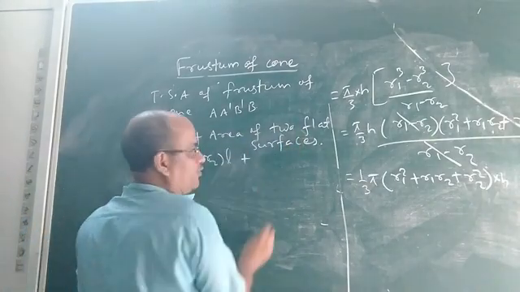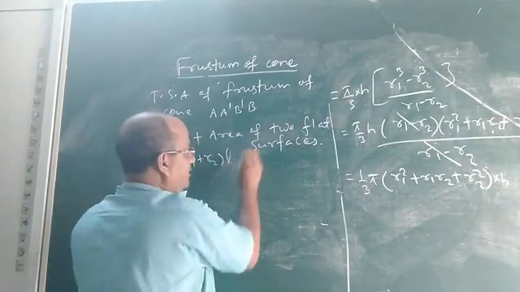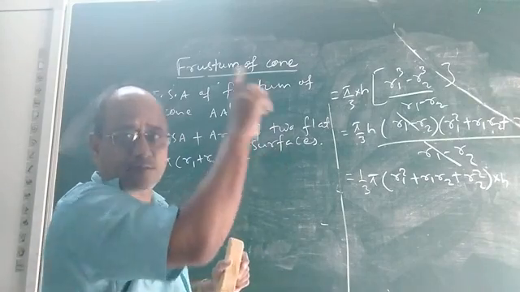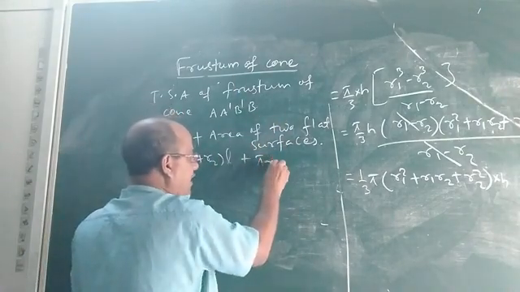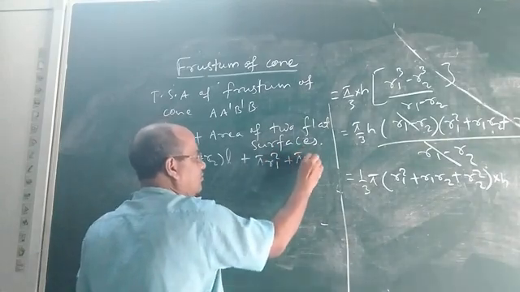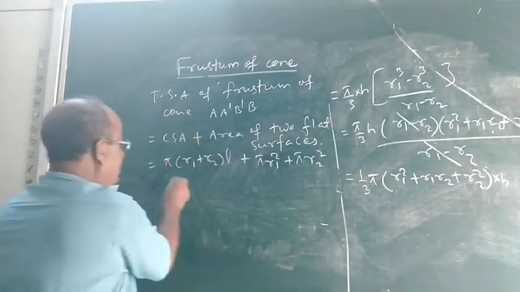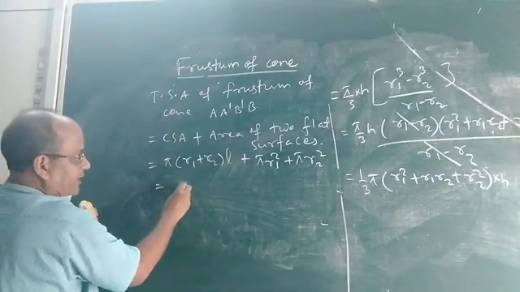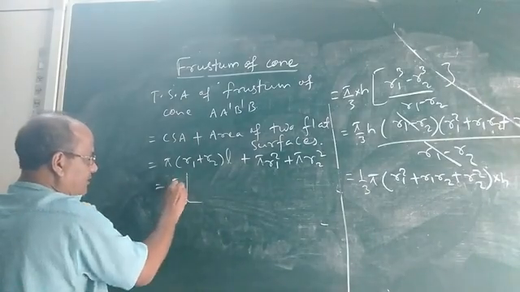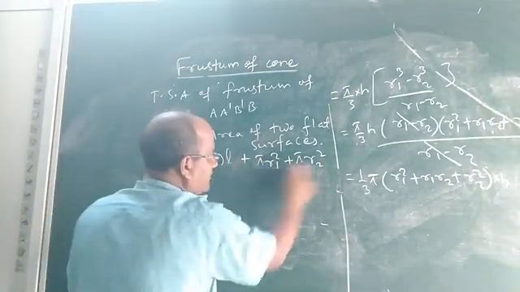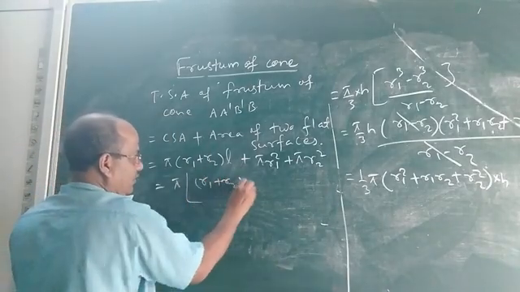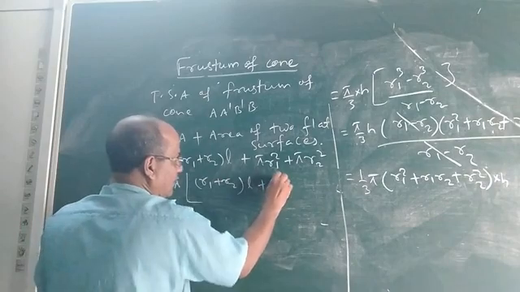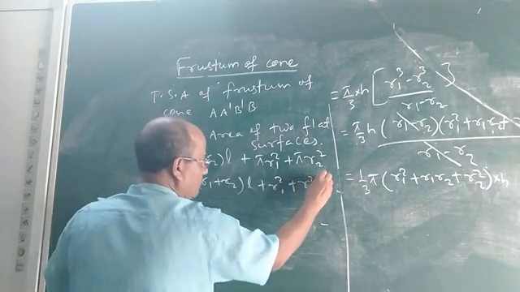Then what will be the area of two flat surfaces? Both the flat surfaces are circular, so their area will be pi r1 square plus pi r2 square. Now if you take common pi out of these three terms, it will be pi into r1 plus r2 into l plus r1 square plus r2 square.